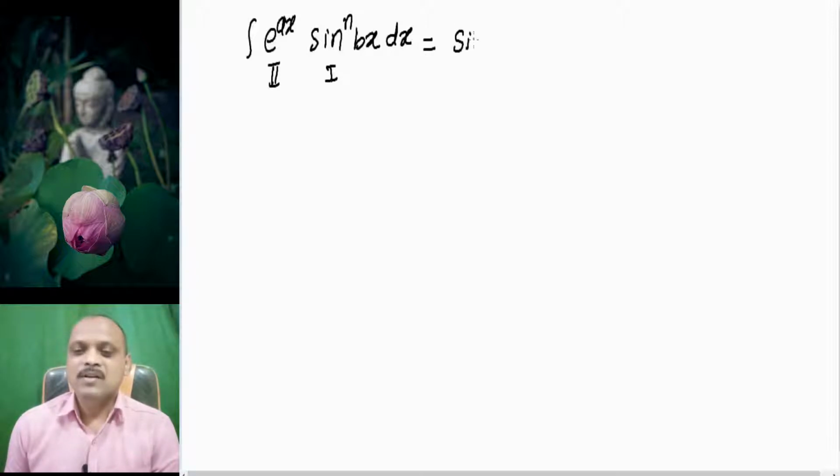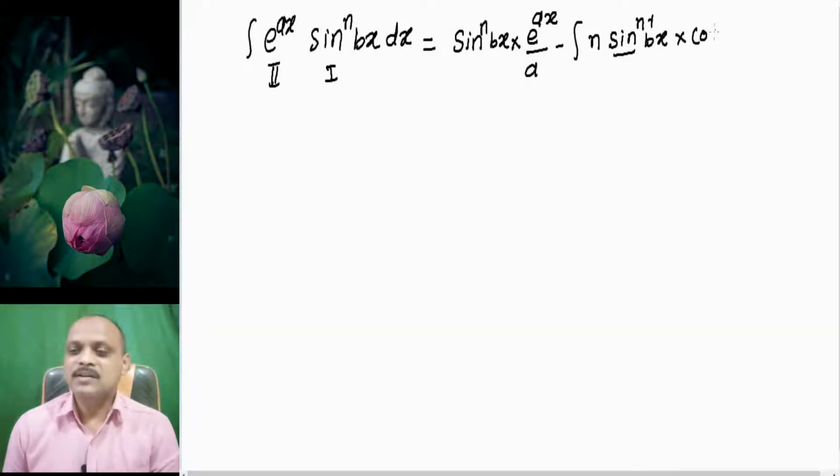First function sin raised to n of bx into integration of second e raised to ax, which is e raised to ax divided by a, minus integration of derivative of the first function, n into sin raised to n minus 1 of bx into derivative of sin, which is cos bx into derivative of bx, which is b, into integration of the second, e raised to ax divided by a, into dx.